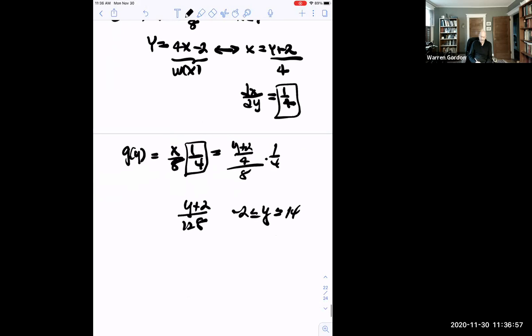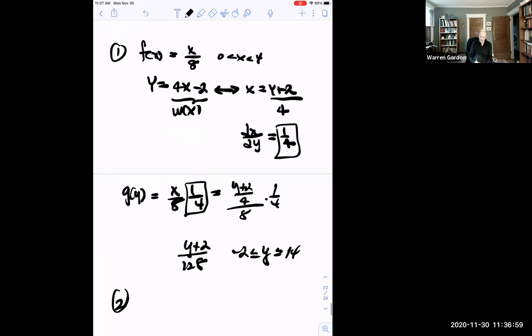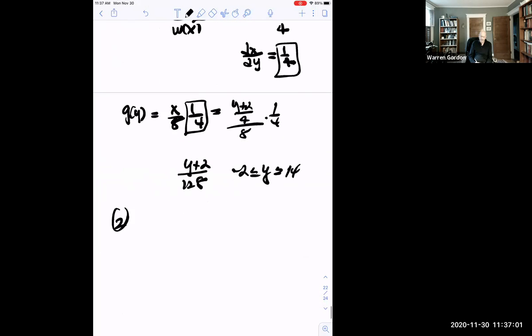In the second example, f of x was still x over 8. But y was equal to, what was it in the second example? Minus 3x plus 1.